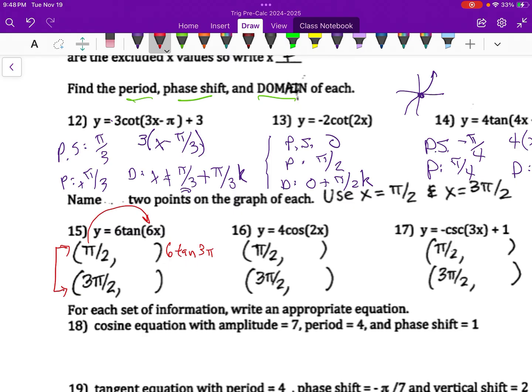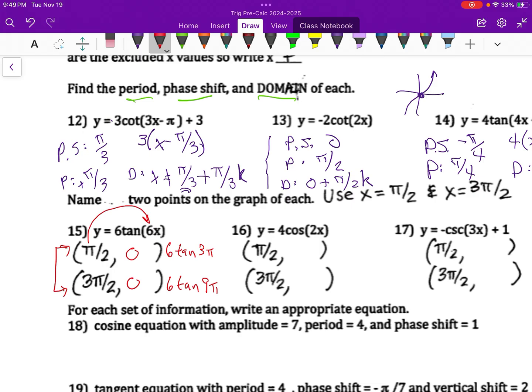And 6 pi is really landing on pi, and tangent at pi is 0. So it's all evaluation. Now, if you try 3 pi over 2, you're going to get 6 tan of 6 times 3 pi over 2, which is 18 pi over 2, or 9 pi, and 9 pi is still landing on pi, so that answer is 0 too, okay? So all I'm doing is plugging them in, and then I'm evaluating them.